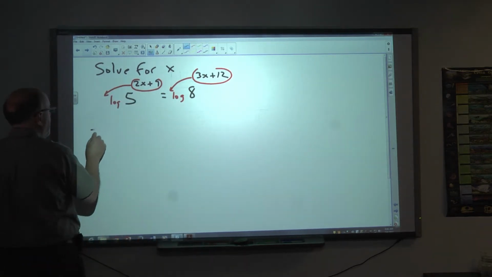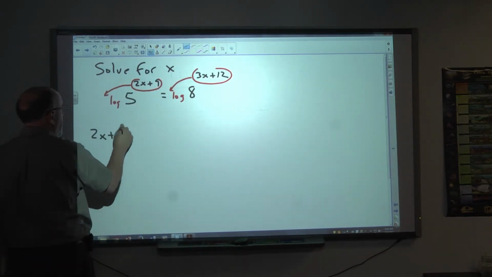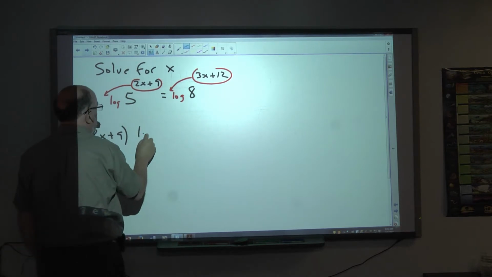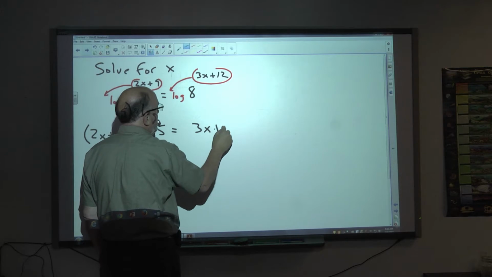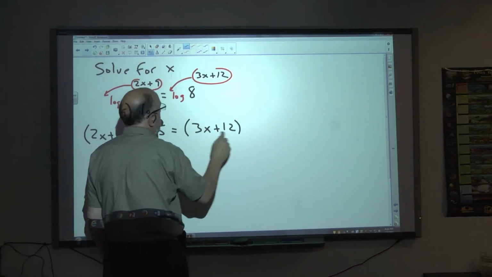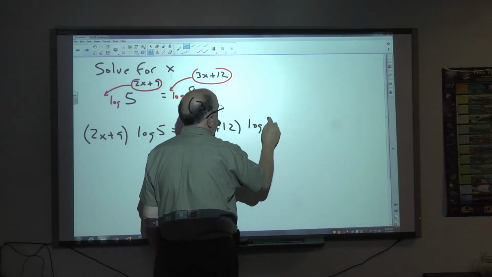Okay? And when we do log on both sides, by our power rule, these exponents can then come out front. And so we'll get 2x plus 9 times the log of 5 is going to equal 3x plus 12 times the log of 8.